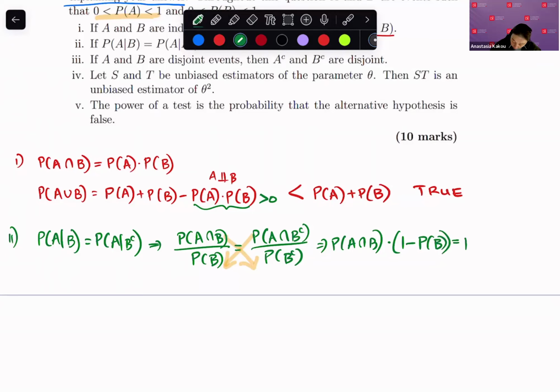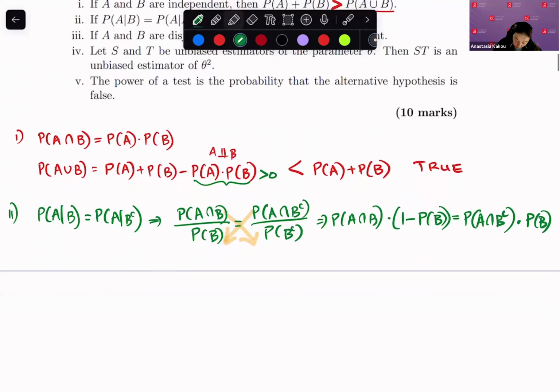And then on the other side, we have probability of A intersection B complement times probability of B. Okay, and the next step is to try to rearrange this term. So this term can be expressed as the probability of A minus probability of A intersection B. It's easy to see that, just to verify that this is the case, by drawing a Venn diagram.